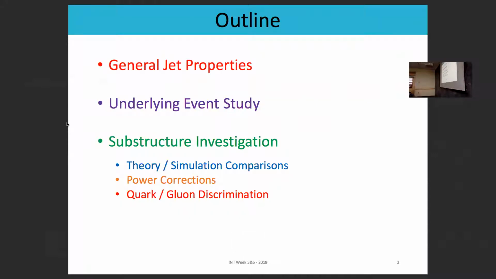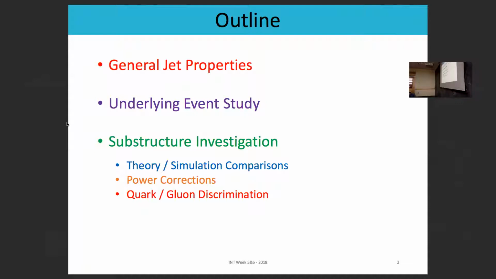So a quick outline of my talk. I'll just briefly go over some general jet properties that we can expect to see at an EIC. I want to talk a little bit about underlying event, and then I'll get into substructure, so talking about mainly angularities.